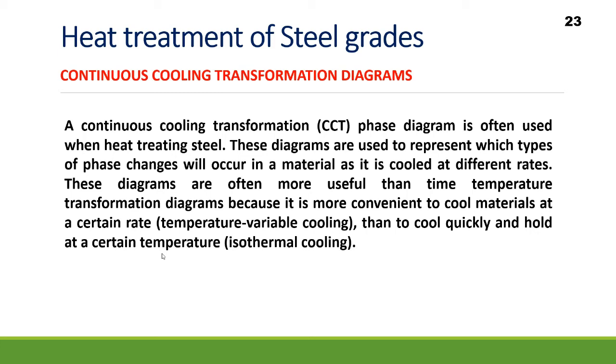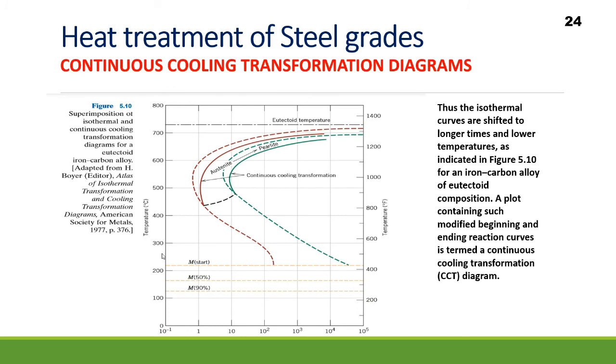On the other hand, the core of the material will be at high temperature. That means you will not be able to hold the whole sample at a constant temperature, because your surface is at a different temperature and the core of the metal is at a different temperature. Hence, in manufacturing plants, when they deal with a huge piece of sample, they normally use this continuous cooling transformation curve. So let's see next how it comes into play.